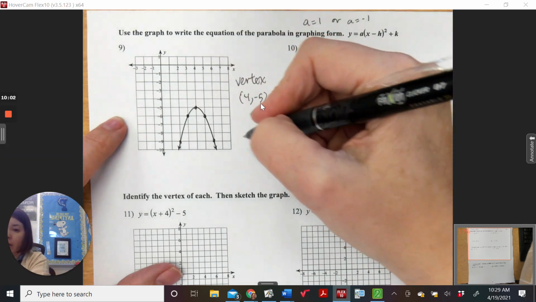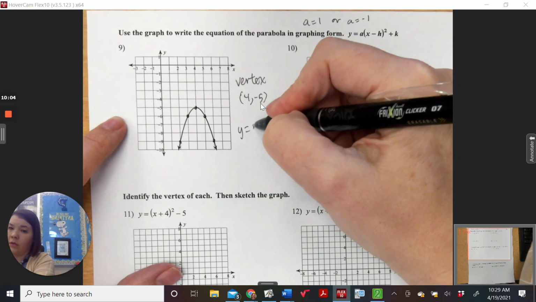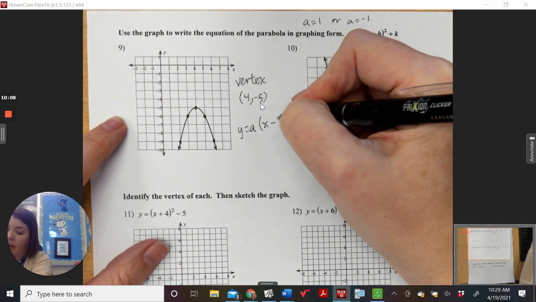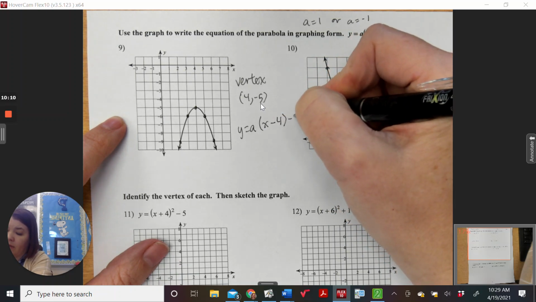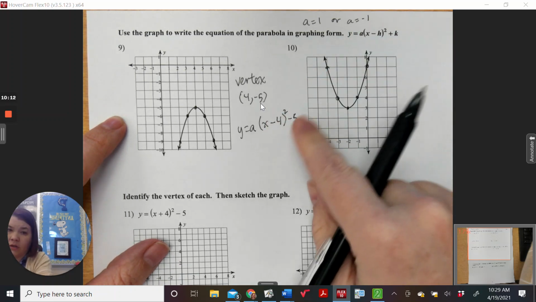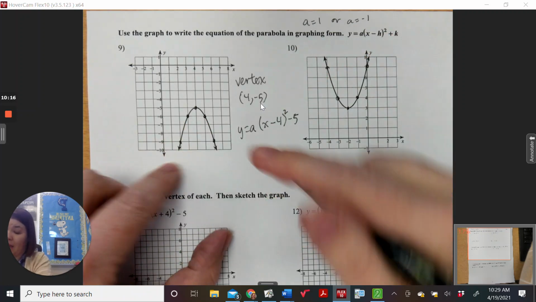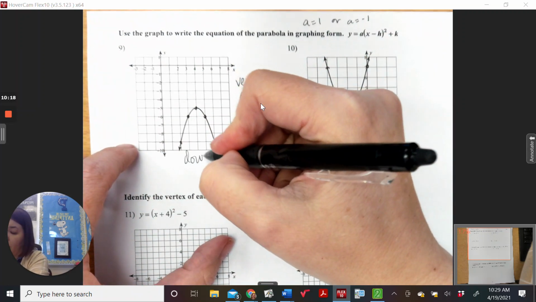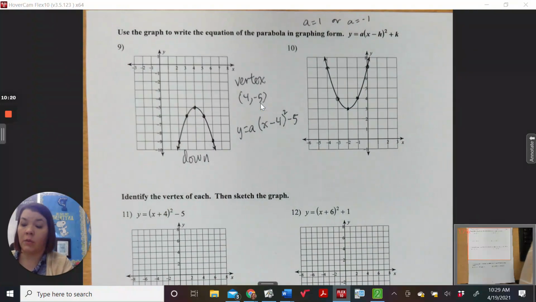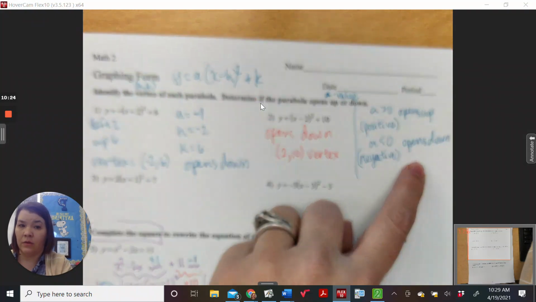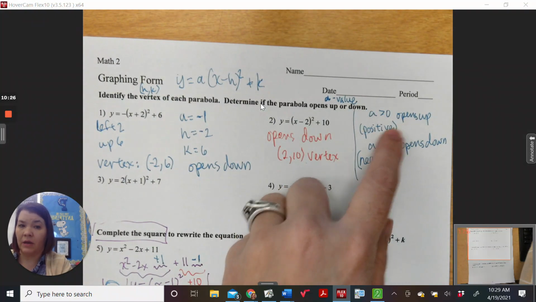So I know right now that y equals a, parentheses, x minus 4, quantity squared, minus 5. And so it's opening down. And what we discussed when we were talking about them up here is it opens down when a is negative and opens up when a is positive.